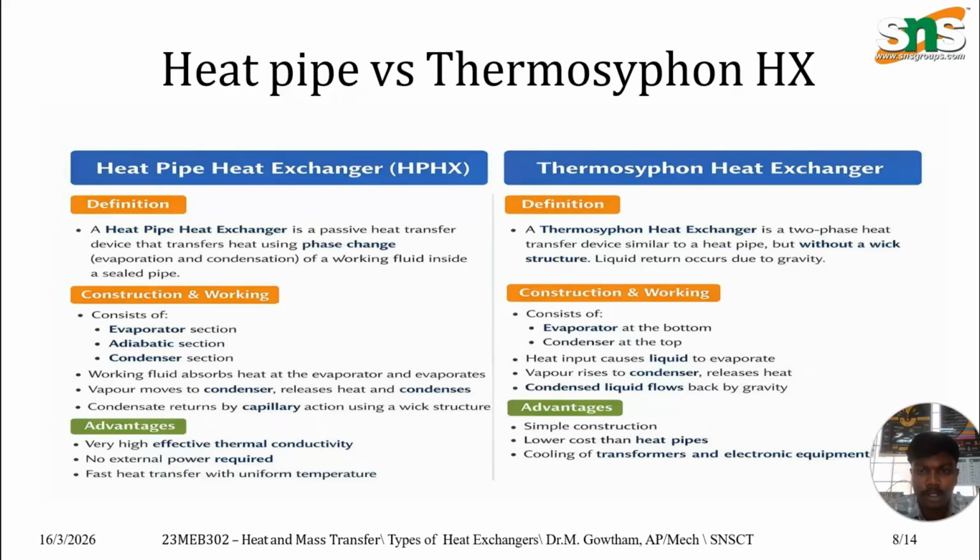Then the thermosiphon is a two-phase heat transfer device similar to the heat pipe, but without the wick structure; the liquid returns due to gravity. In its construction, the evaporator is at the bottom and the condenser at the top. This is the major difference in construction. When heat is input, the liquid evaporates and the vapor rises to the condenser, where it condenses, and the condensed fluid flows back by gravity.